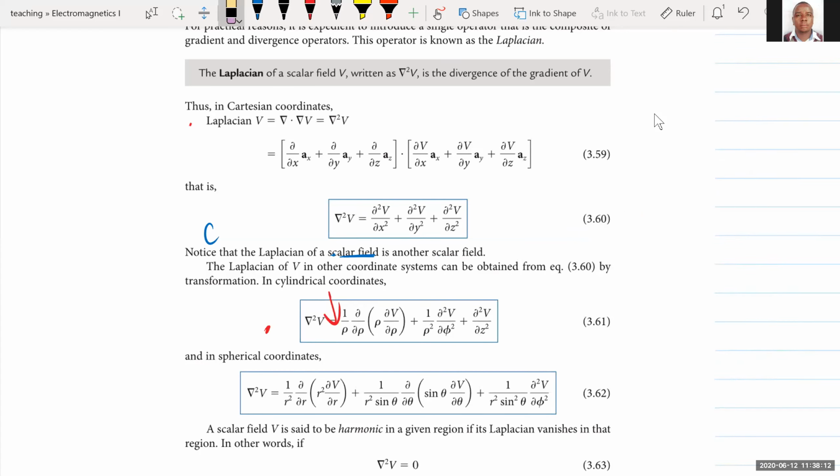So now, beyond what we have said about the Laplacian, we have expressed it in the Cartesian coordinate system. Therefore, you can also express it in the cylindrical. And in the cylindrical, I just try to find a way I can remember these concepts. Remember the same way we did with the divergence, I think.